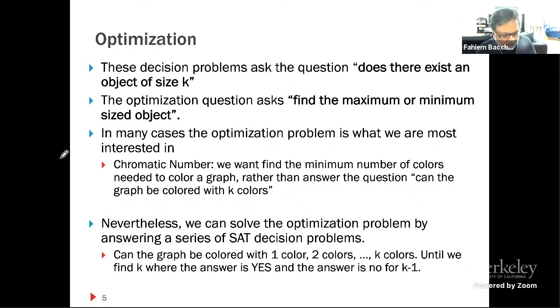Because if you want to solve an optimization problem like the chromatic number, you can ask a series of SAT decision problems. Can you color the graph with one color? Can you color it with two colors? All the way up to some K colors. And as soon as you find the first value of K for which the SAT decision problem says yes, then you know the chromatic number is K.